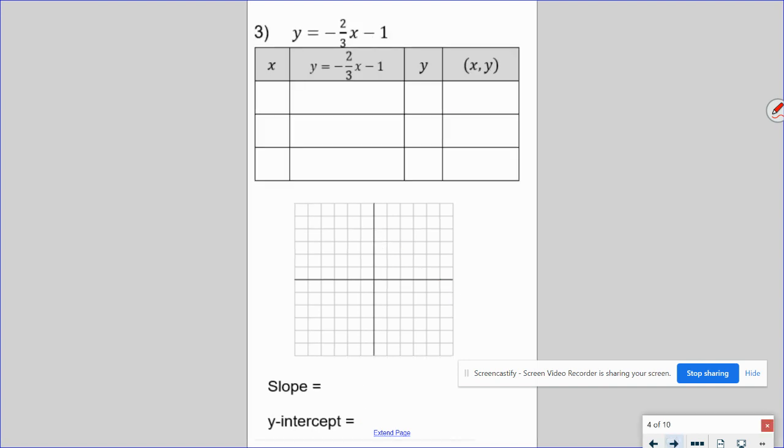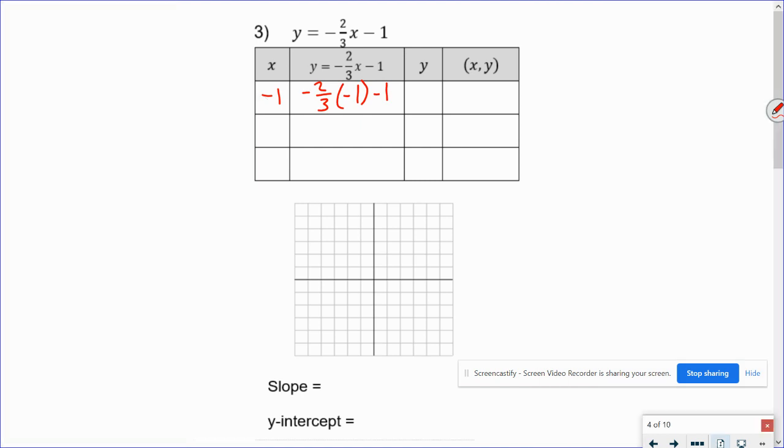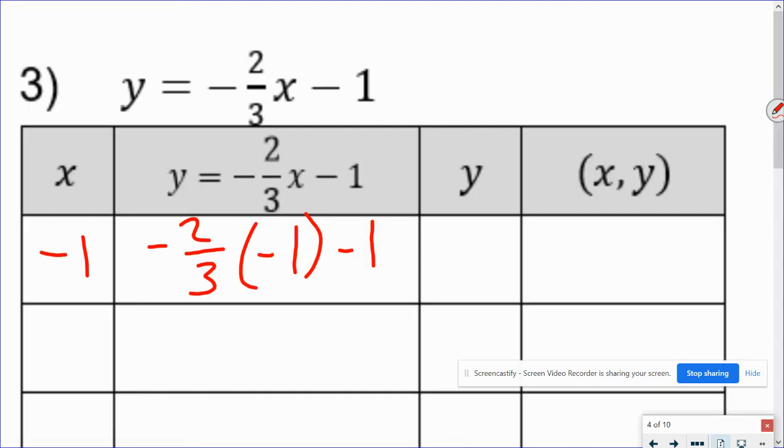So when you have fractions, they're not very friendly. If I use negative 1, that's negative 2/3 times negative 1 minus 1. That's like saying 2/3 minus 1. You get a negative 1/3. Is that a nice one to plot? Do you have a 1/3 line?